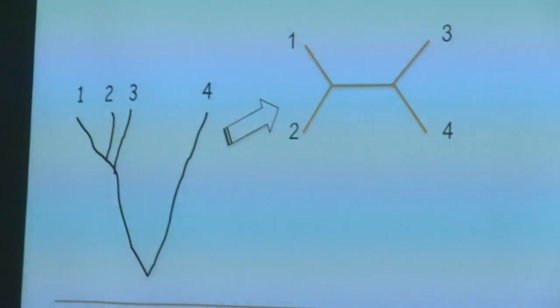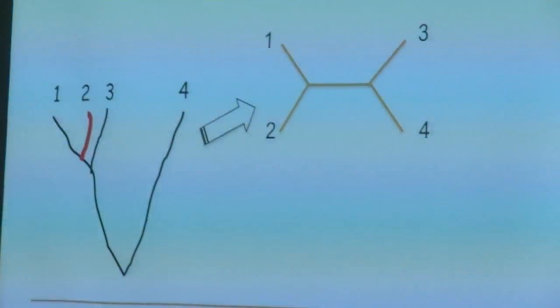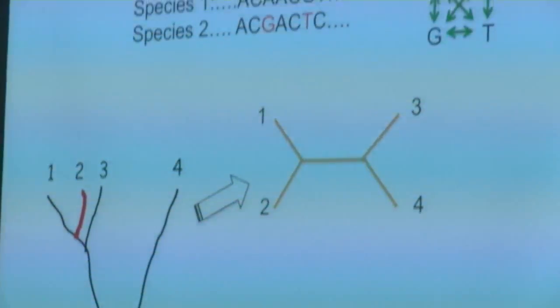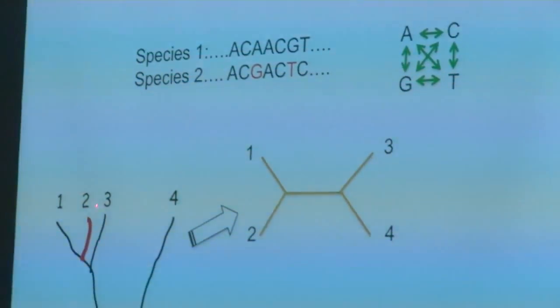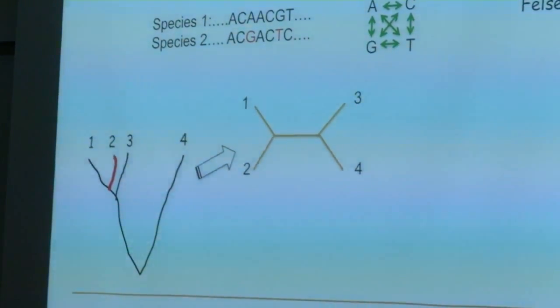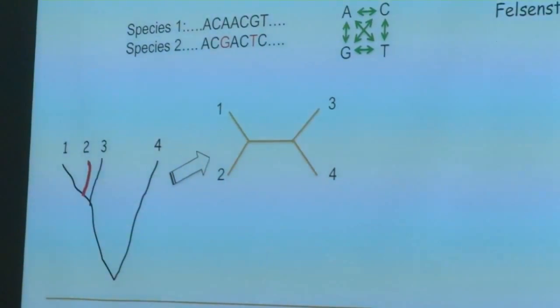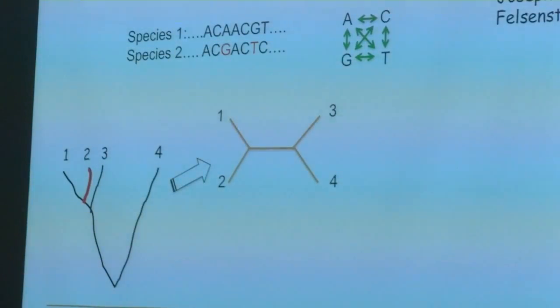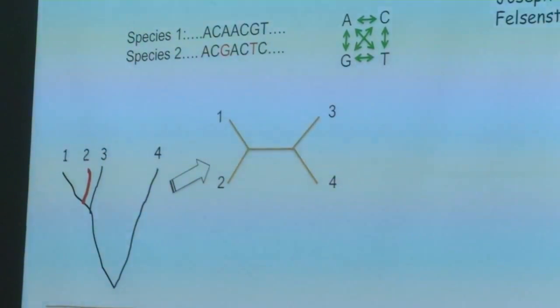But suppose that the rate of evolution, the rate of change between these bases on this lineage here leading up to 2 was really, really high, then what's going to happen is that species 1 and 3 will nearly always, if they're close together in the tree, they'll nearly always be in the same state because there's been very little time for there to have been a change.